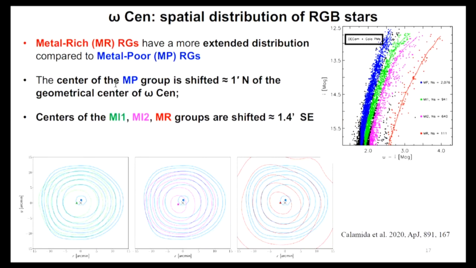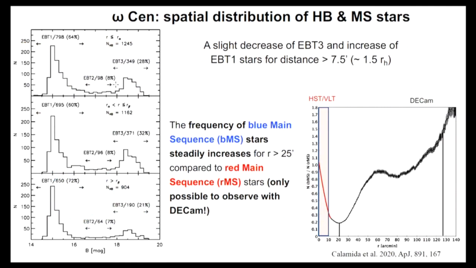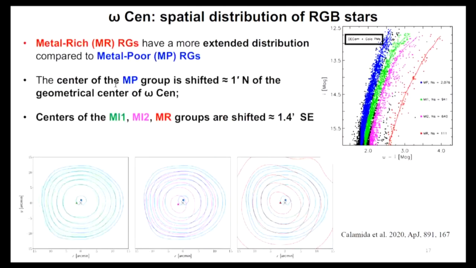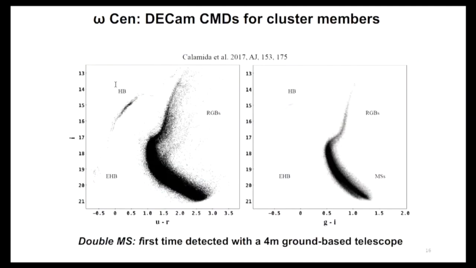Omega Cen is a much more massive globular cluster, and the tidal radius is 1 degree in comparison to 15 arcminutes for 2808. And regarding the horizontal branch stars, we see something similar. Omega Cen doesn't have a red horizontal branch, as you can see, no red horizontal branch stars. We have tons of RR Lyrae stars.